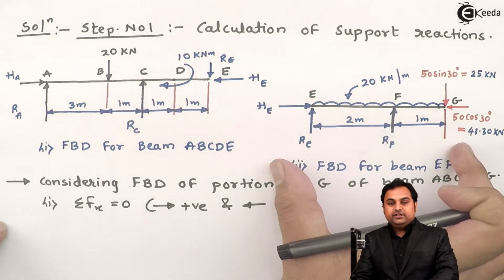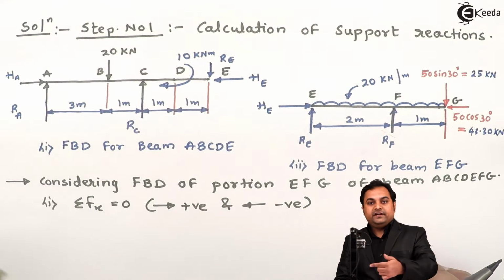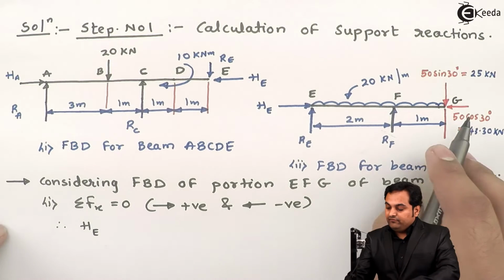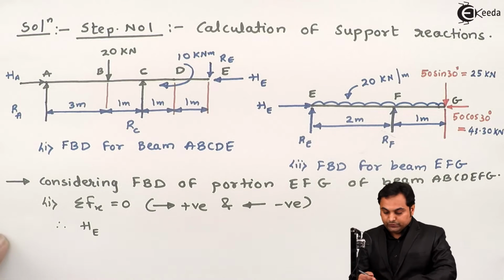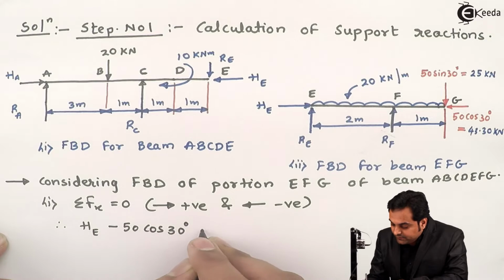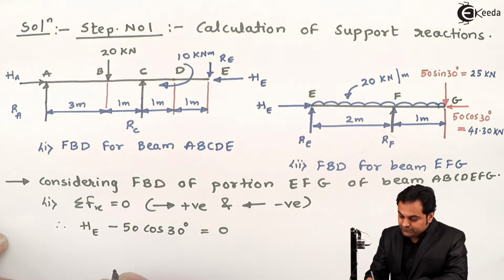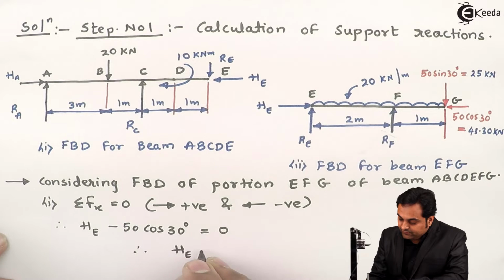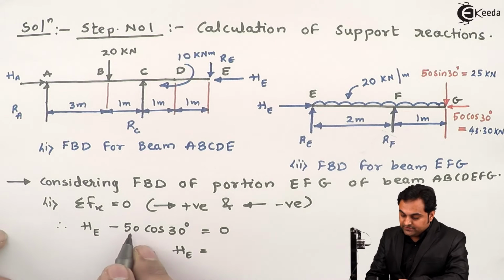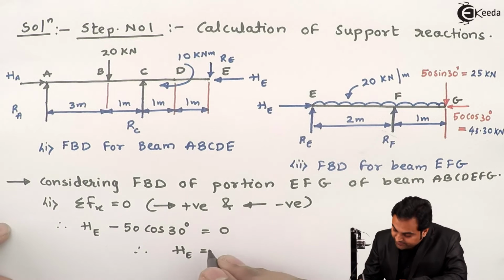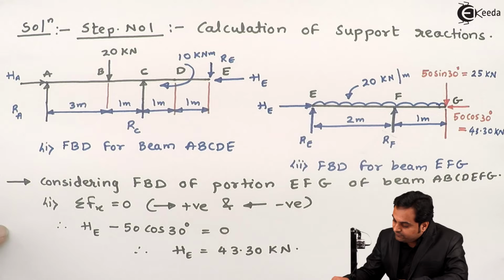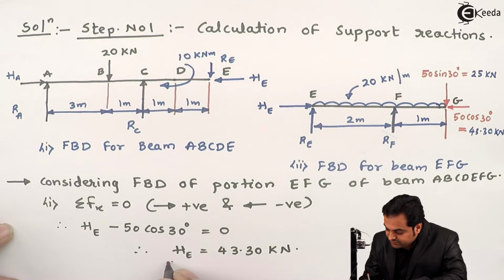In portion EFG, HE is acting towards the right, so positive. 50 cos 30 is acting towards the left, so negative: HE minus 50 cos 30 is equal to 0. There are no other horizontal forces, so from this I get HE equal to 50 cos 30, which is 43.30 kilonewton. This is the value of the horizontal reaction at the internal hinge point E.